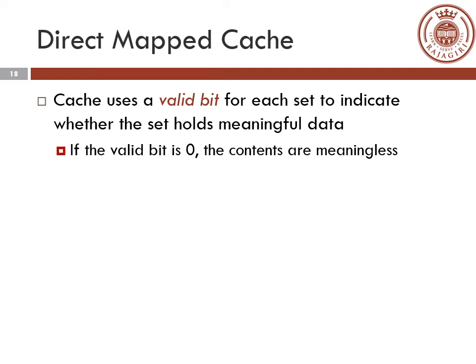So in order to differentiate a meaningful value from a meaningless value, you have a valid bit. If that valid bit is 0, it means that the content inside the cache is meaningless data. If that valid bit is 1, it indicates that it is meaningful data.